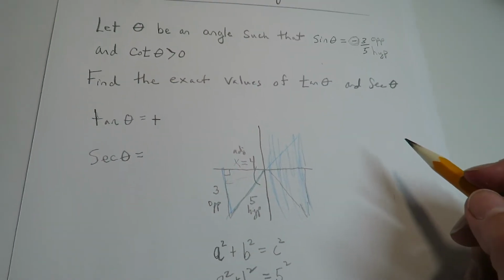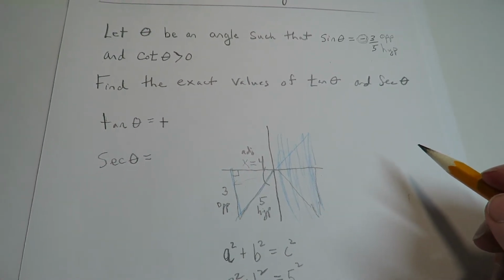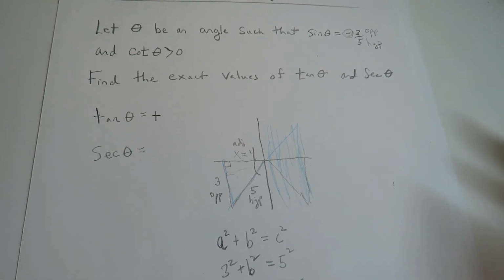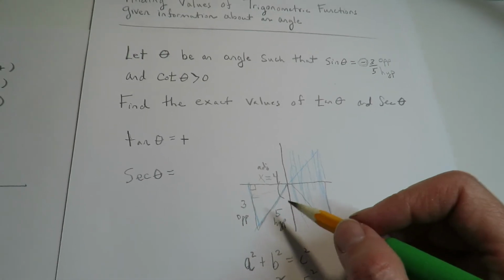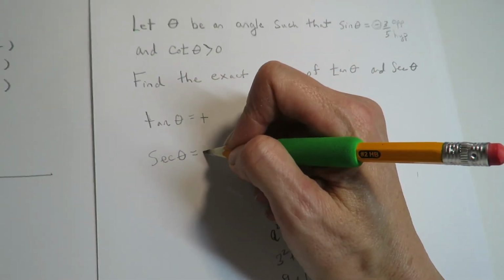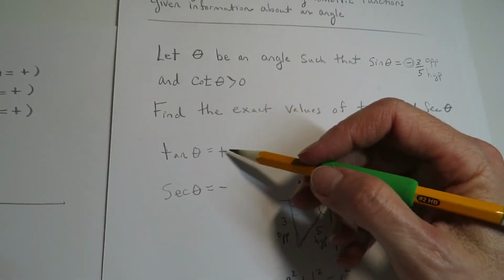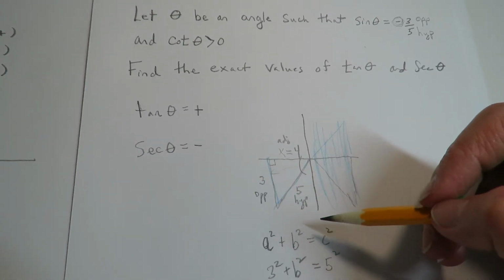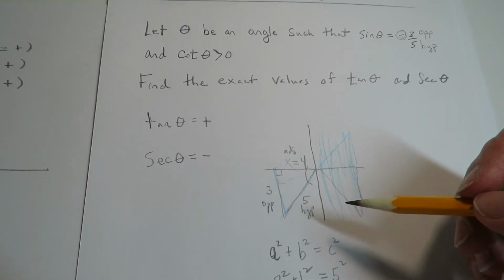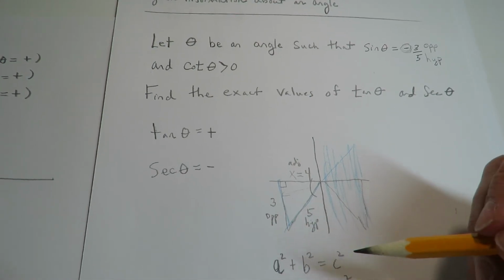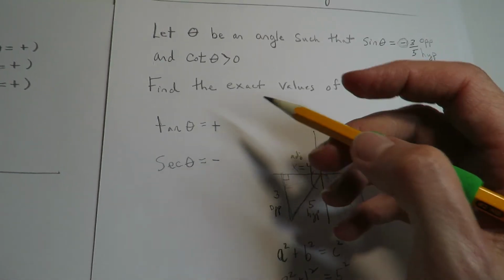And is the secant positive or negative in quadrant 3? Remember, the secant is the reciprocal of cosine. Cosine is negative on the left, positive on the right, so this is going to have to be negative. The tangent is positive because the tangent is sine over cosine. Both sine and cosine are negative in quadrant 3, so it's negative over negative, which is a positive.